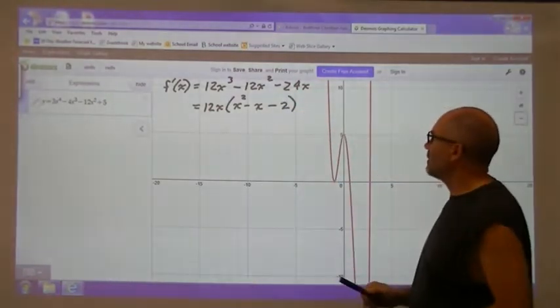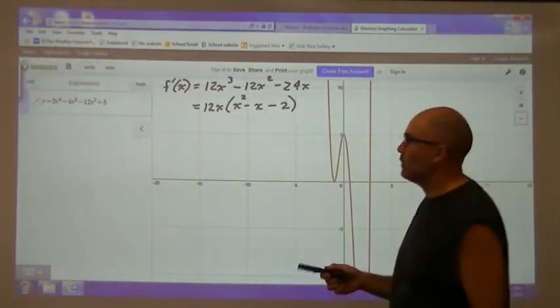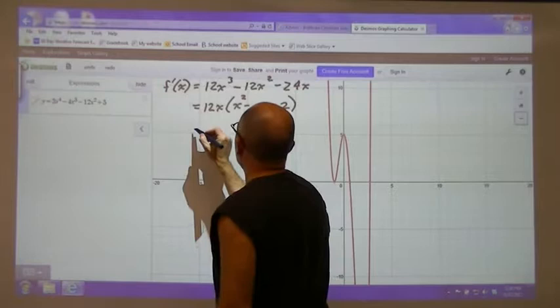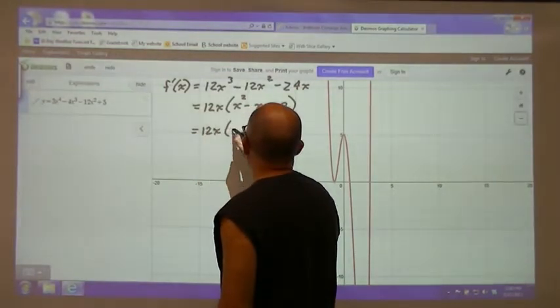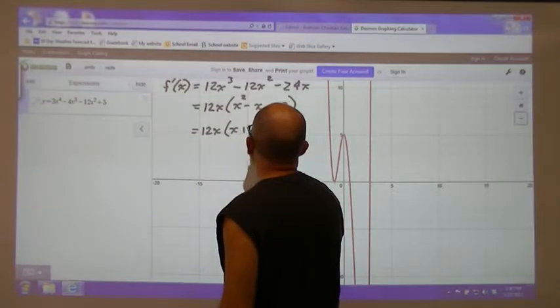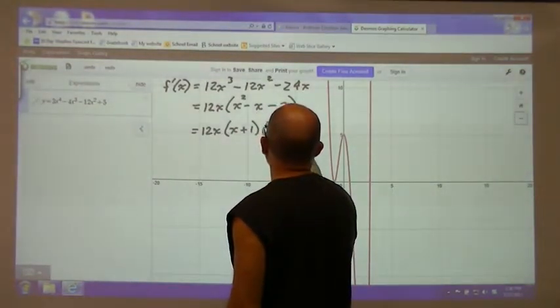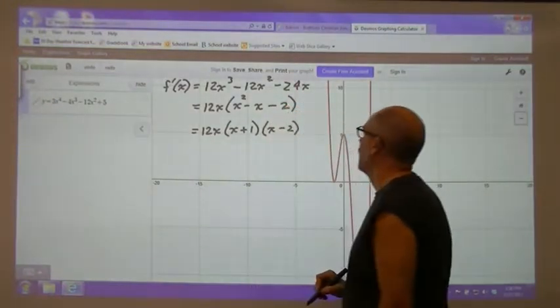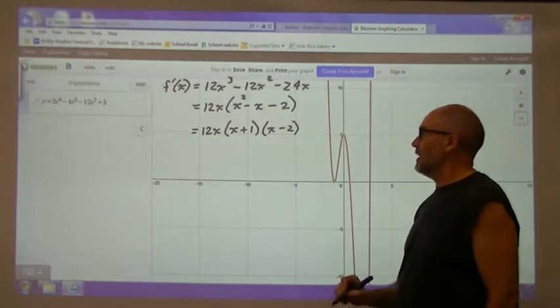Now, x squared minus x minus 2, what multiplies to get negative 2 that adds to get negative 1? Right, negative 2 and positive 1. So this gives us 12x times x plus 1 and then x minus 2.